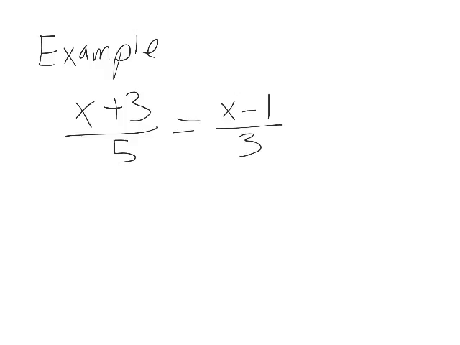Now this one only has two terms, and I'm going to show you a little trick you can use when you have either one or two fractions, but only two terms, one on either side of the equation. You can treat this one as a proportion.